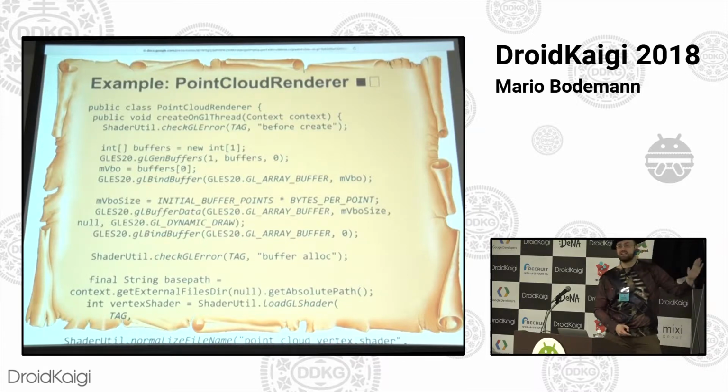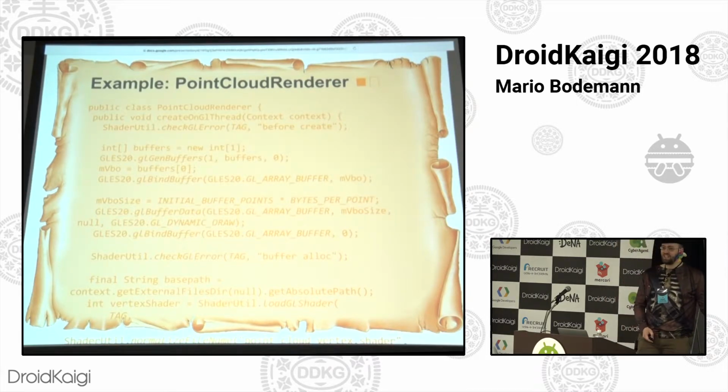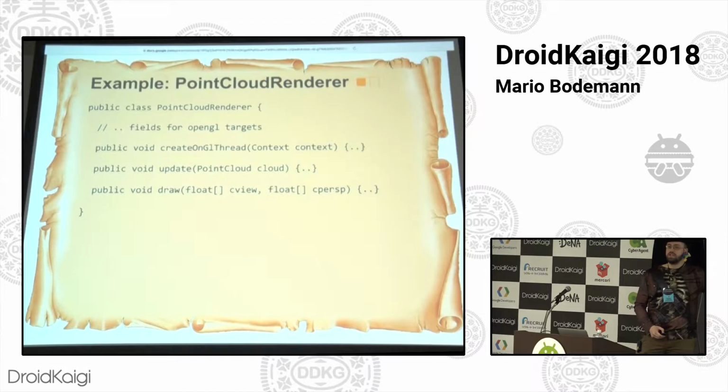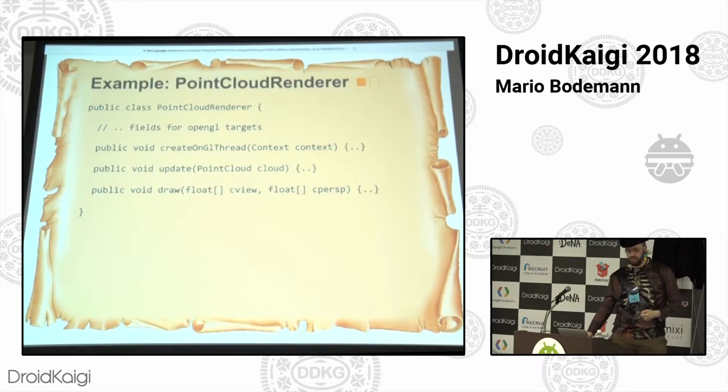This is what's happening inside, for instance, the point cloud renderer. Please don't look at the code. You can summarize it a bit easier if I'm just going through the stubs. So you have something like fields defined.